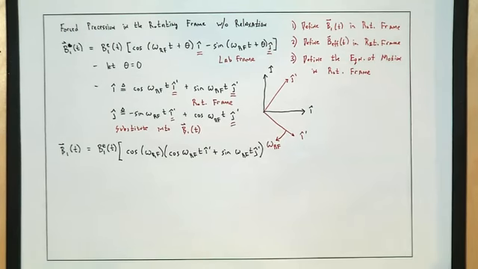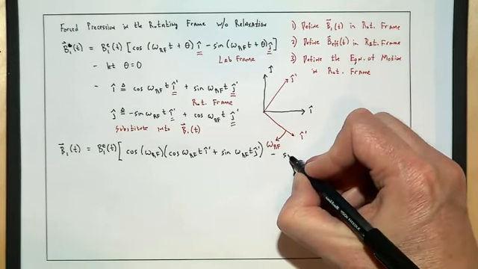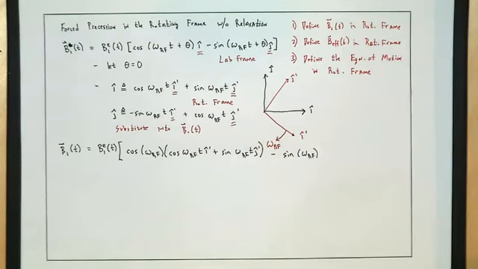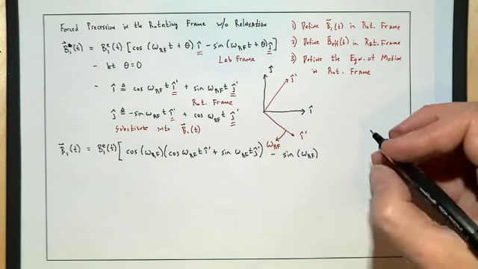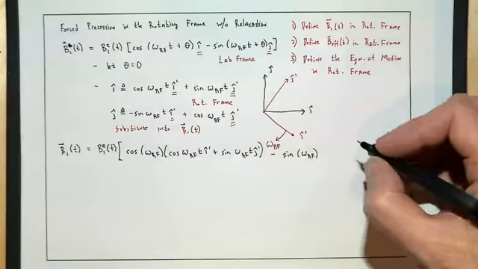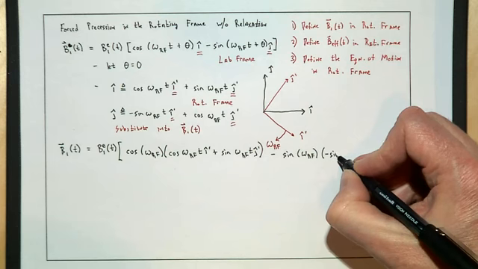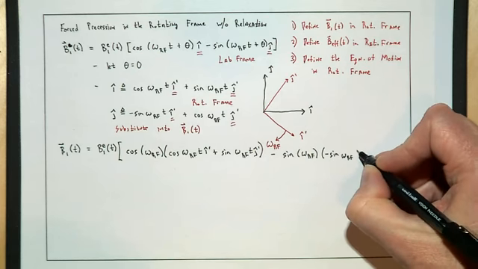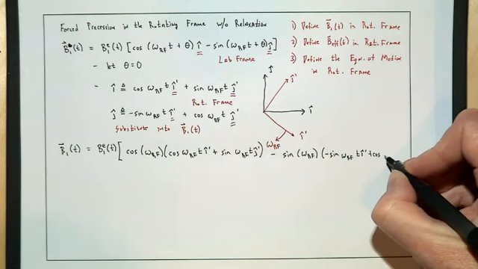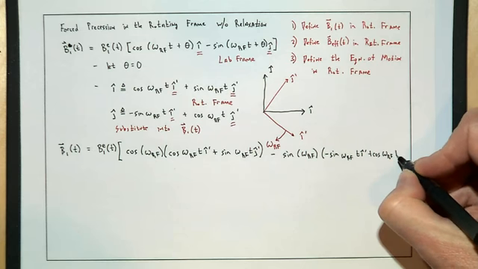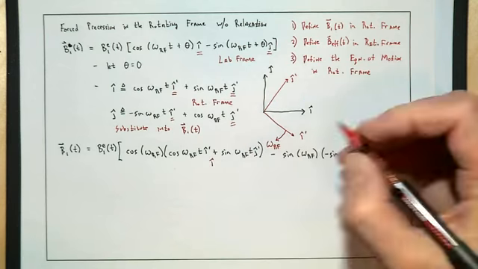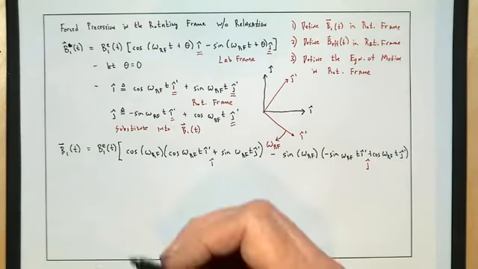Close off with the parentheses. Then I have a minus sine term operating on omega RF, and I need to bring in my description of the coordinate axes in the rotating frame for the J direction. That just looks like minus sine omega RF times time I hat prime, and I'll squeeze it in, plus cosine omega RF times time J hat prime. If you missed that, this is just the I hat direction, and this is just the J hat substitution.